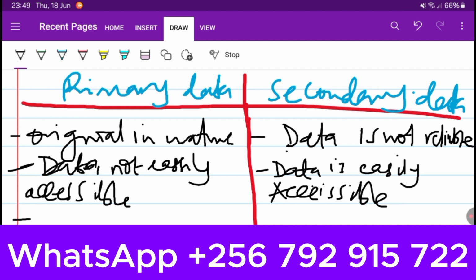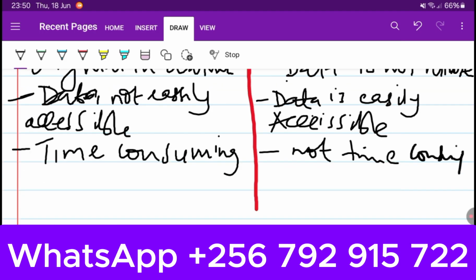This side, primary data, is time consuming. Of course this side, it's not time consuming because it is easily accessible.